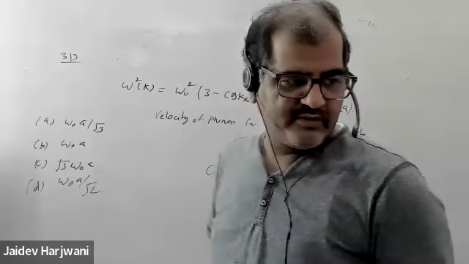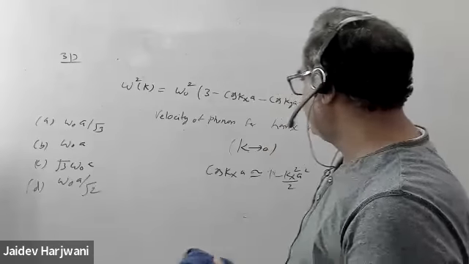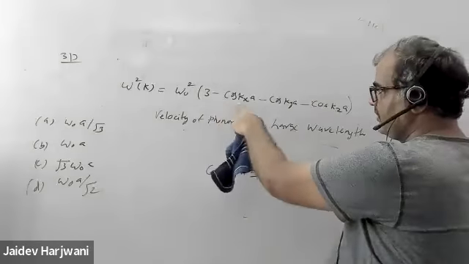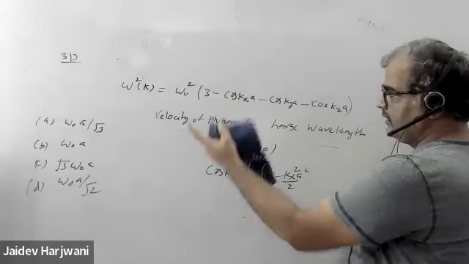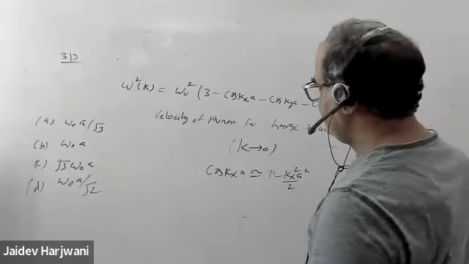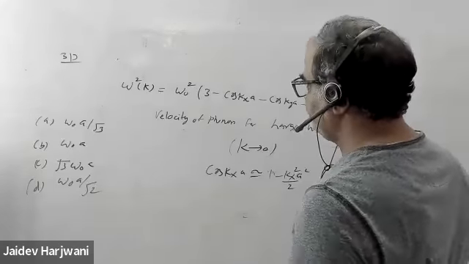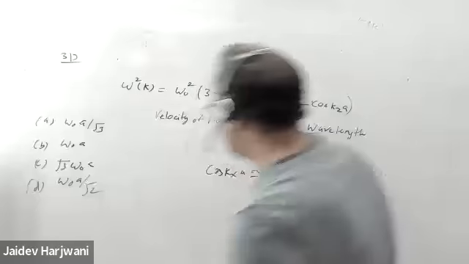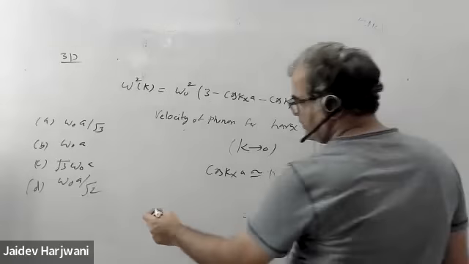Okay, if all are getting it, I'm not doing it here. If you put the values, this 3 cancels. Then you get only k square a square, and then you can differentiate. Okay, k a by root 2. If you find omega, I'll just do it. Later many students won't even be doing it, they'll just be sitting.